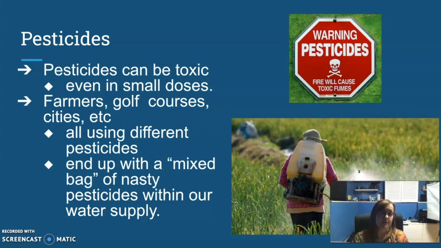The important part is that even in small doses, pesticides can be extremely toxic. And the biggest problem we have for our water systems is that the farmers, the golf courses, and the cities all use different pesticides, and they all collect into that water supply, because they go through the runoff or through the groundwater and end up in our water supply.